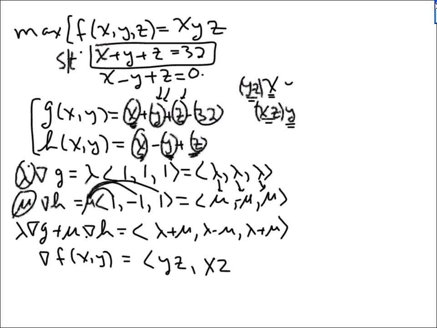The partial is x, z. Think of x, y times z. The partial with respect to z is x, y. And then you set the first components equal, the second equal, and the third component equal to one another. And then you solve.